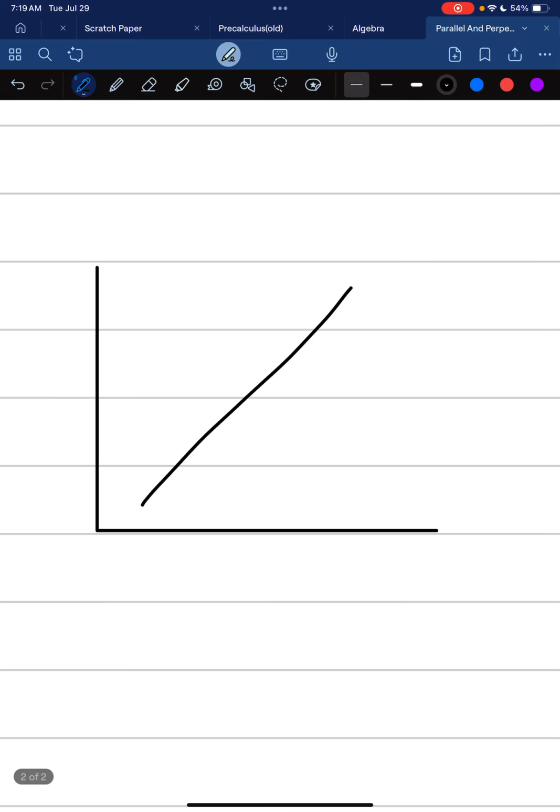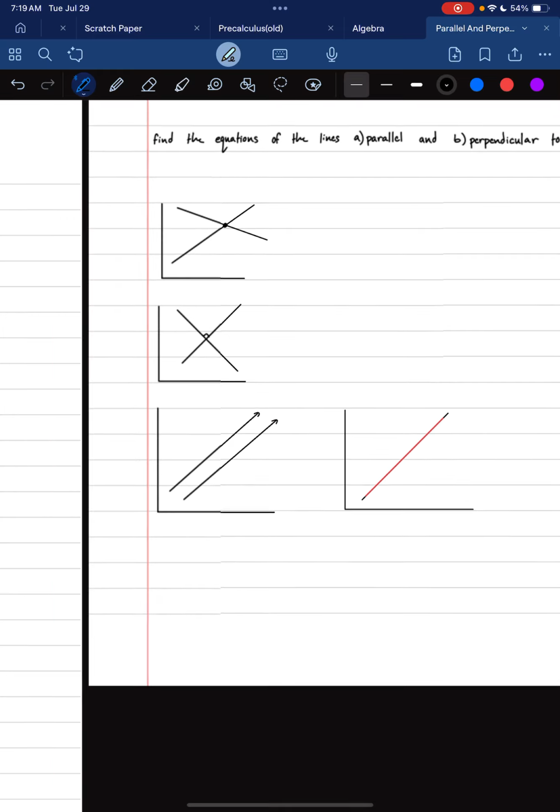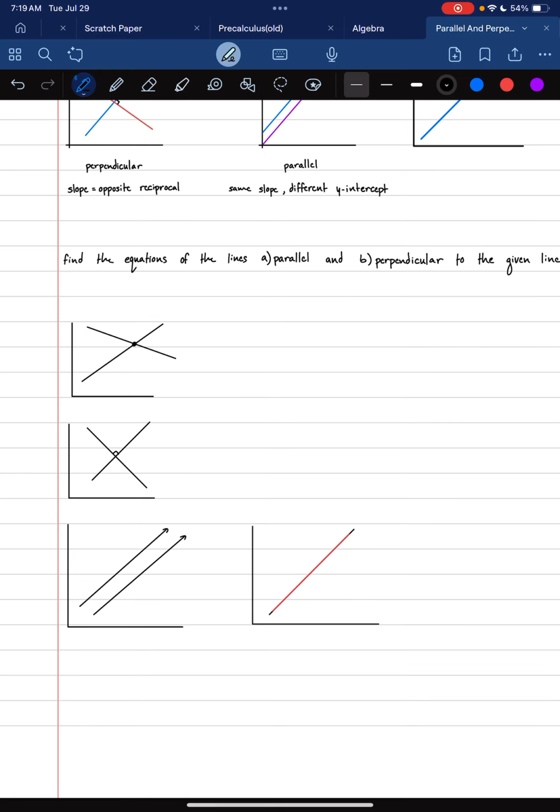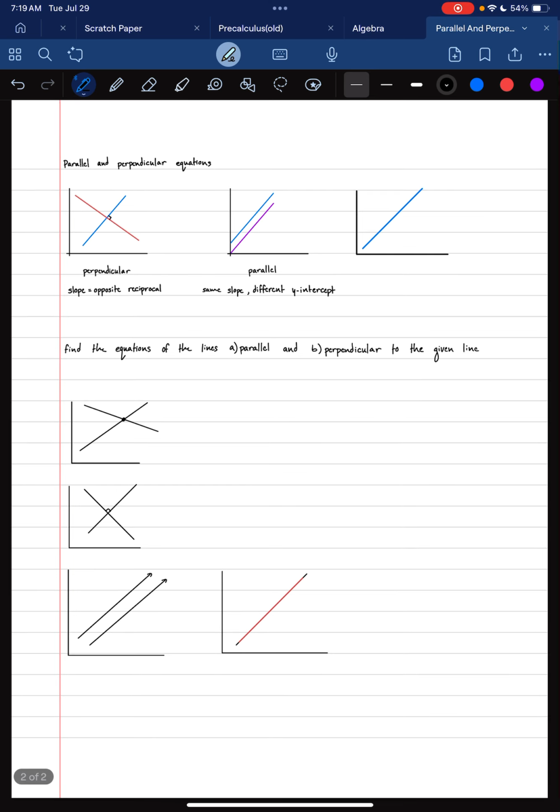That happens when you have a line and another line in your system that overlaps it, and therefore, at every single point, it's intersecting. So it's going to be infinite solutions. Those are the cases that you could have for a system of linear equations. So let's take a look at them more closely.